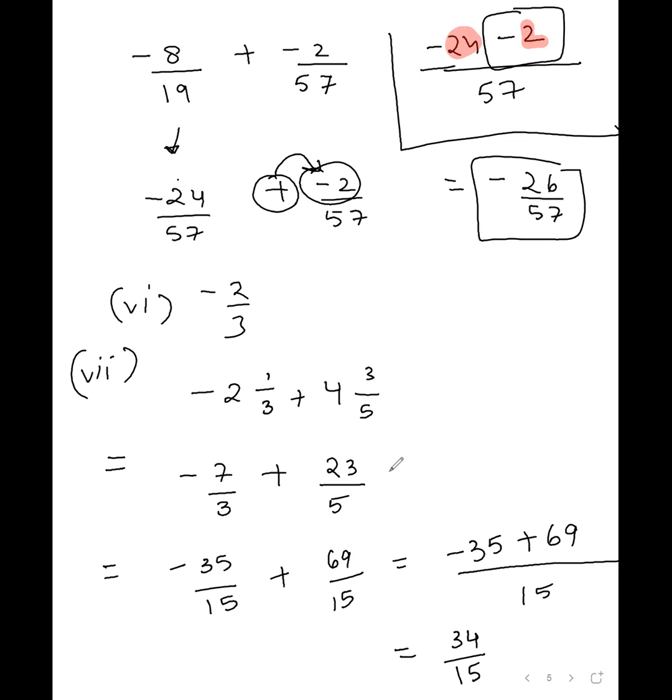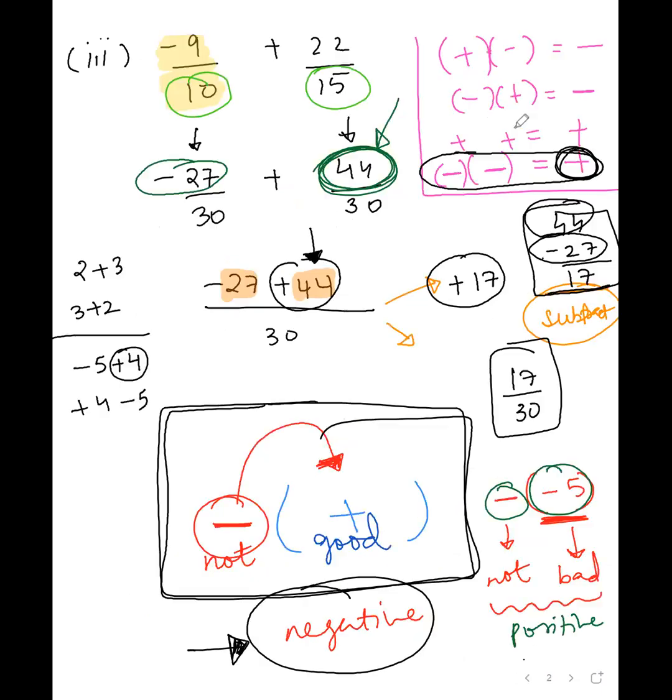Yeah. Are you sure? Can you explain it again? Which part do you want me to explain? Where does the positive sign go? This positive sign, just remember this, okay? Plus and minus. What do they give you? Remember this. Plus and minus gives you what? Negative.